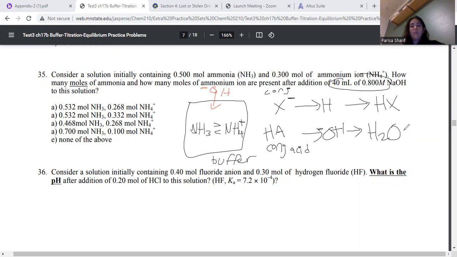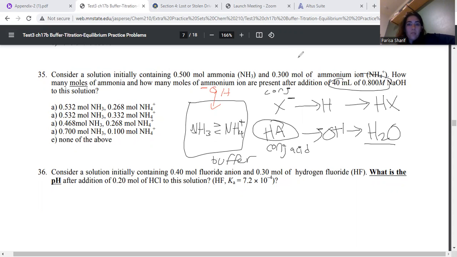So that way you can see that the base always takes a hydrogen no matter what the acid is, NH4 or whatever. So in this case, we created H2O, but it's the same concept.